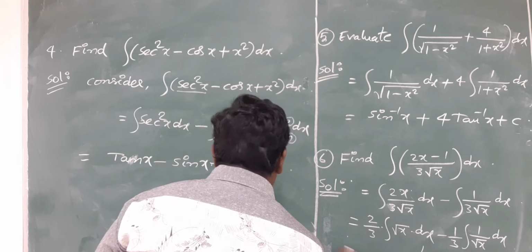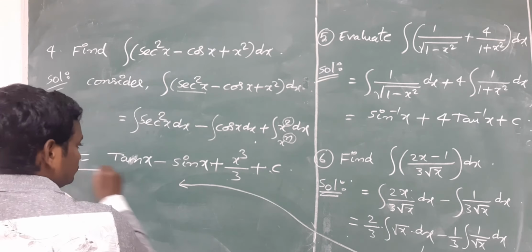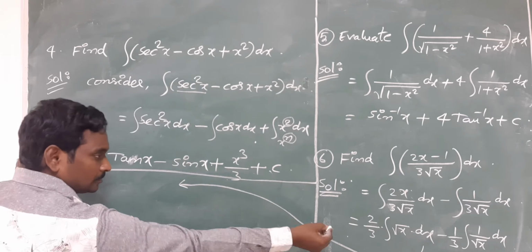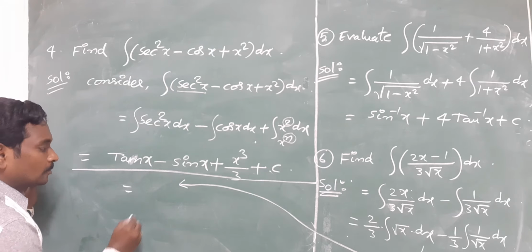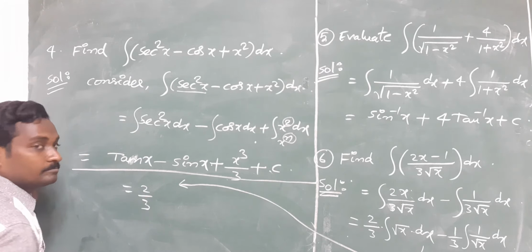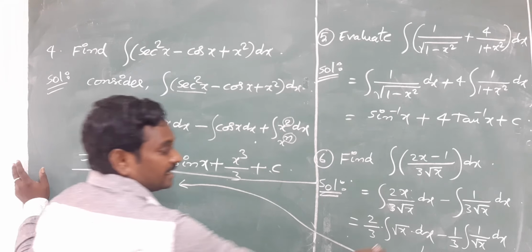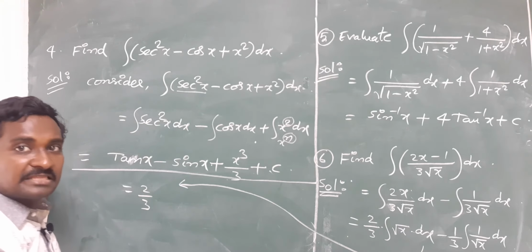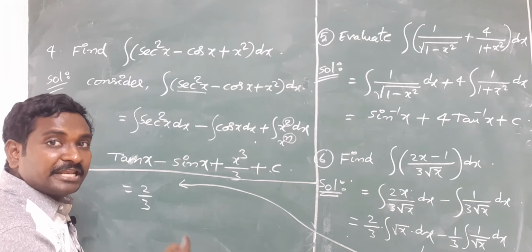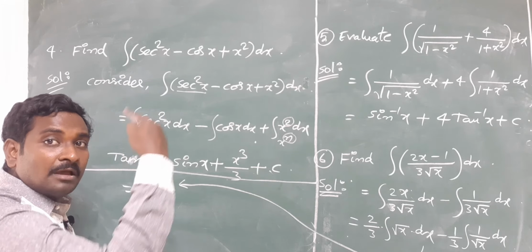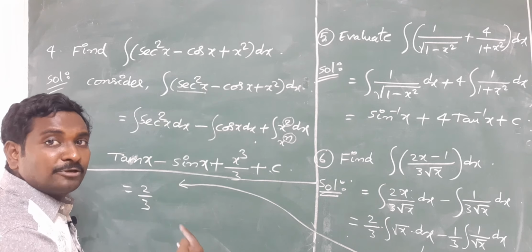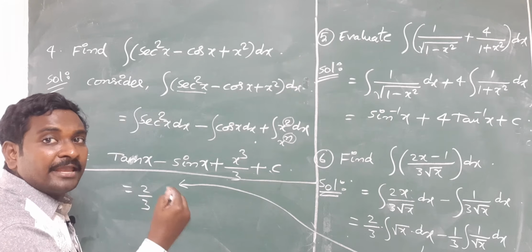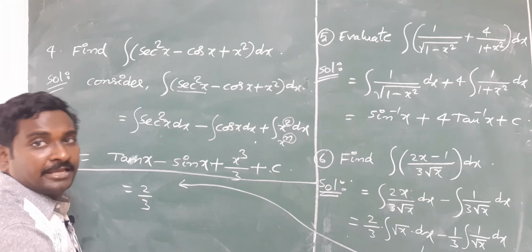So I will write here, that is equal to 2 by 3 into, what is integral root x? Root x is nothing but x power 1 by 2. Integration of x power 1 by 2 is x power 1 by 2 plus 1 over 1 by 2 plus 1. The power should be n plus 1, and the denominator should be n plus 1.